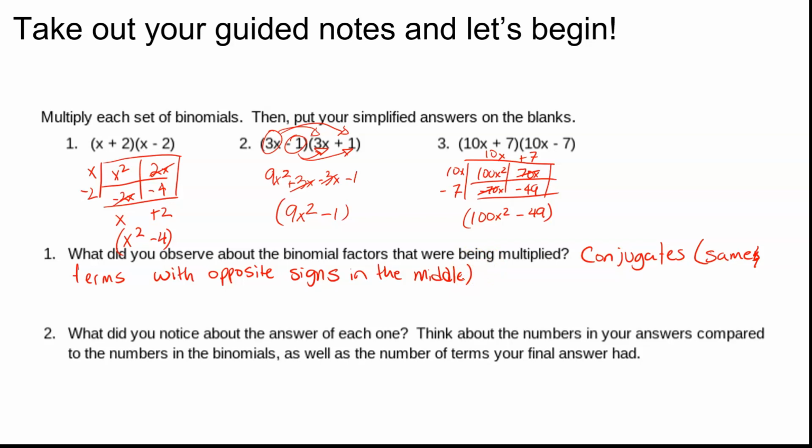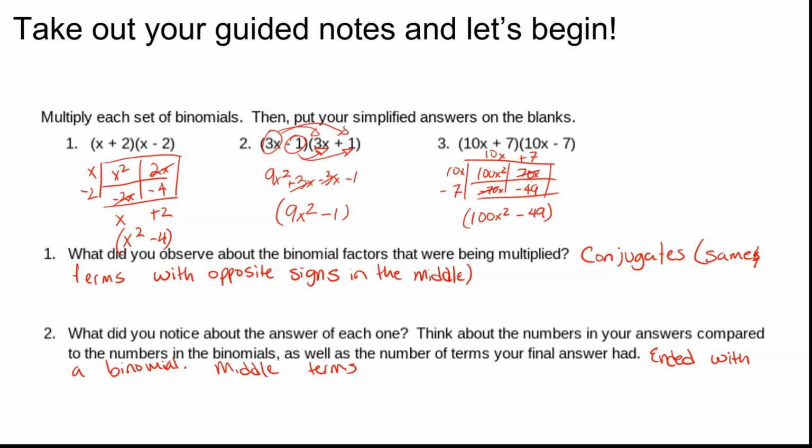What did we notice about each of these as we answered them? Think about the numbers that we had compared to the numbers in our binomials. Well, we ended with two terms, so we ended with a binomial. That's what I noticed. Our middle terms canceled out, so right here are 3x and our negative 3x, for example.